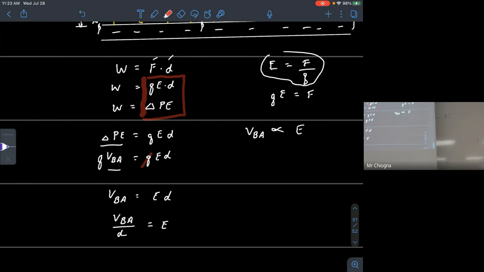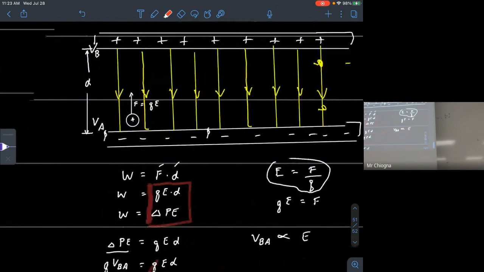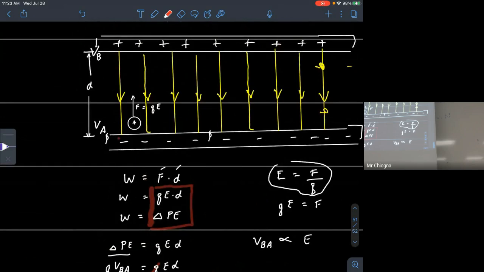That's your equation. What does it relate? It relates the constant electric field between the plates to the potential difference between the bottom plate and top plate.